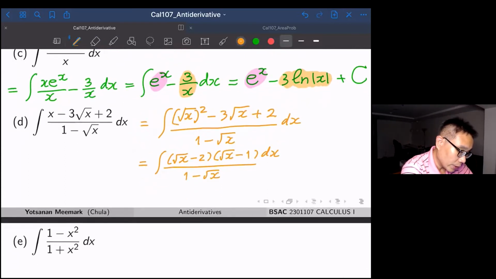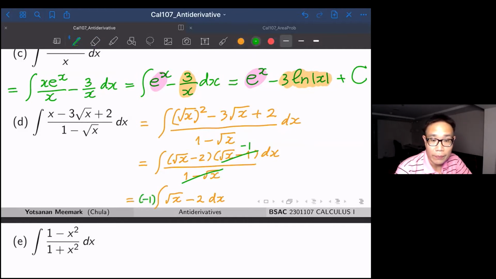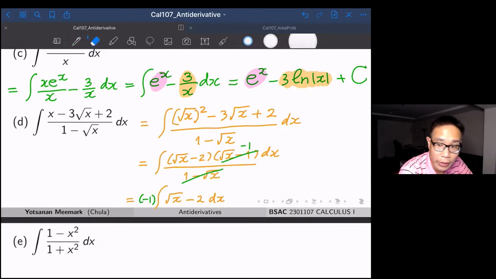And you'll be able to cancel these two guys, so you get negative 1, and this will be integrate root x minus 2, and you'll be able to pull negative 1 outside. Okay, and so you just integrate root x and integrate 2.